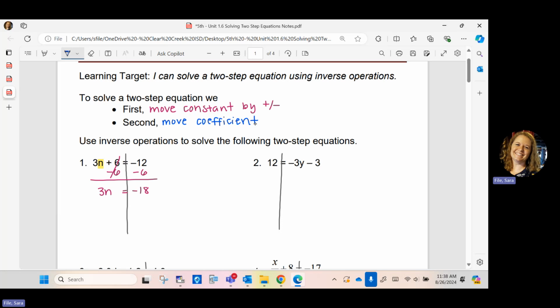So you're going to move the coefficient by multiplication or division, depending if it's a fraction or an integer. Usually it's going to be division. Like here, this 3 is being multiplied by n, so to move it, we're going to divide. And what you do to one side, you do to the other. So it reduces to just n on the left, and then negative 18 divided by 3 is negative 6.